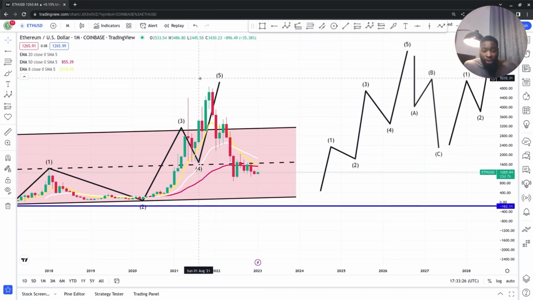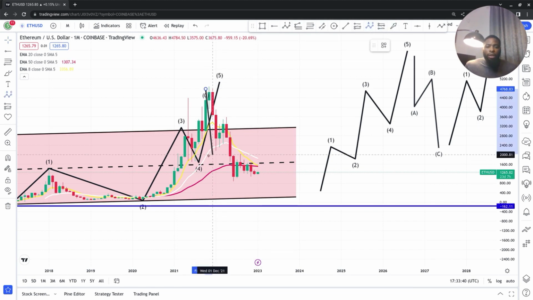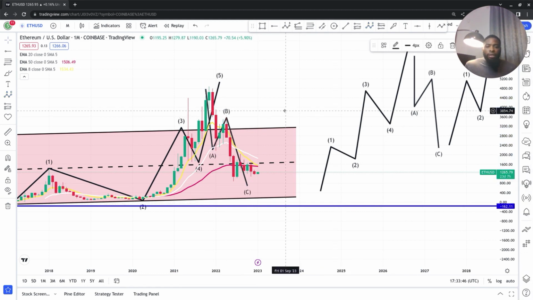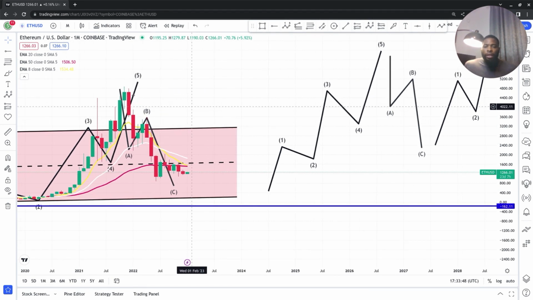Now we treat Ethereum as a retracement and not a reversal, because I don't believe Ethereum is going to crash due to the number of investors that have invested in this asset. If this is a retracement, what to expect is an ABC pattern. The A wave could either be a 5-wave pattern or a 3-wave pattern.